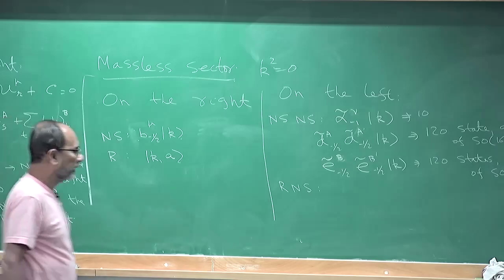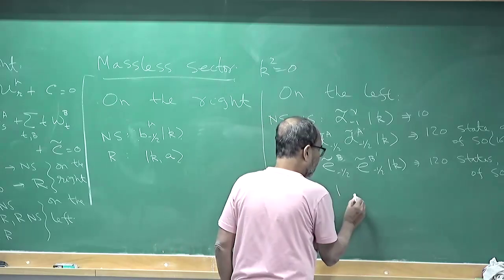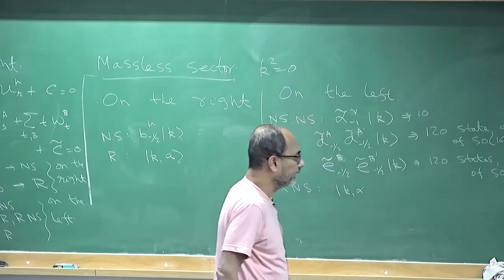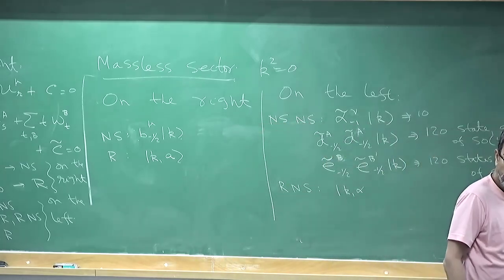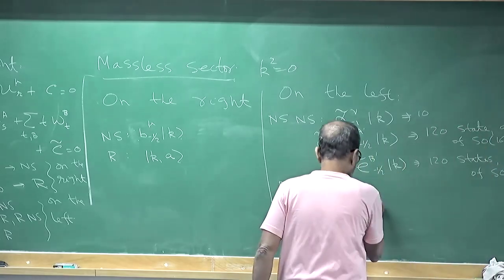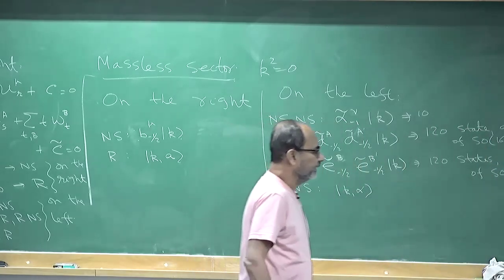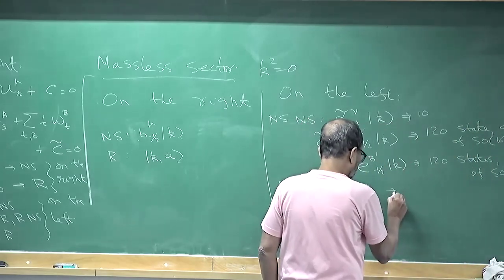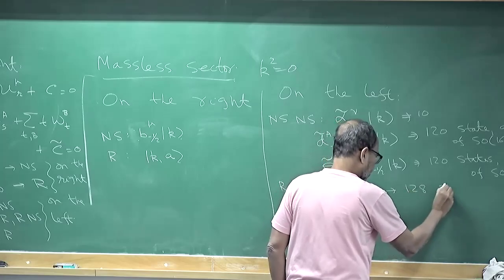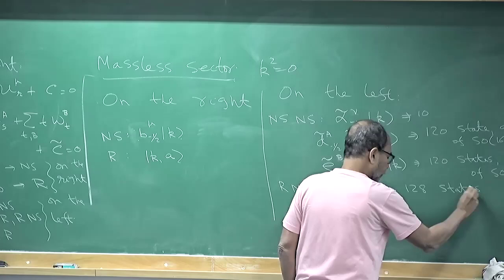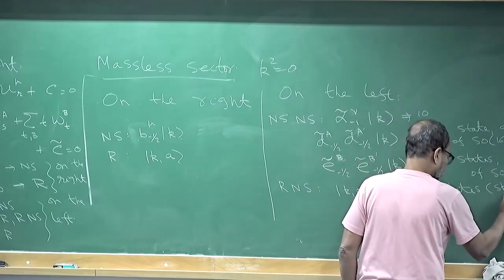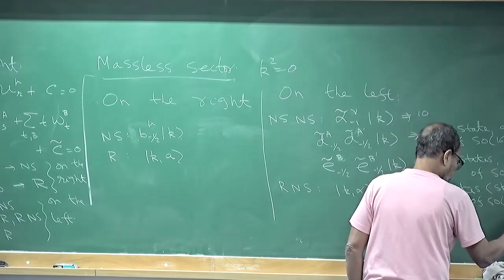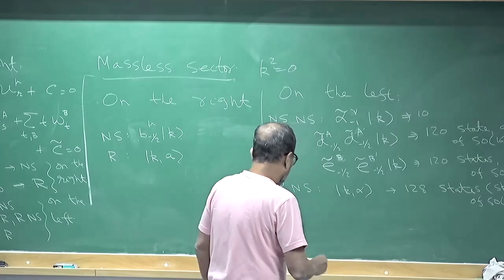Okay, so then the only possibility is A alpha, that alpha index, D tilde 0, and no oscillators acting on it, right? So this gives you, we have already seen, 128 states, spinor of SO16-1. We'll come back to the interpretation of this later.